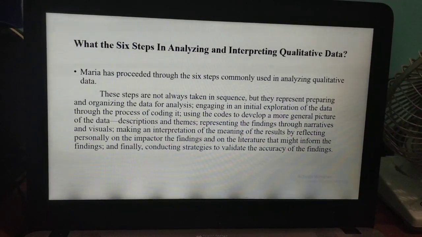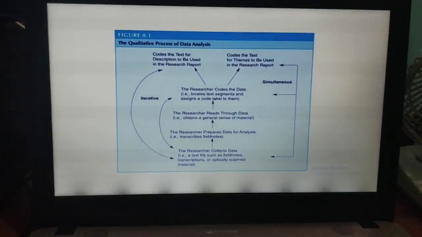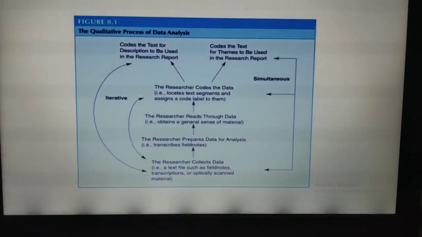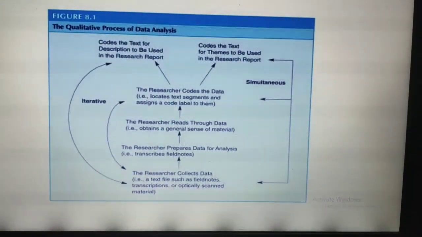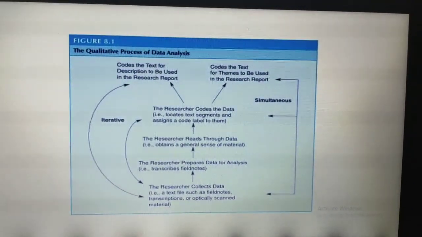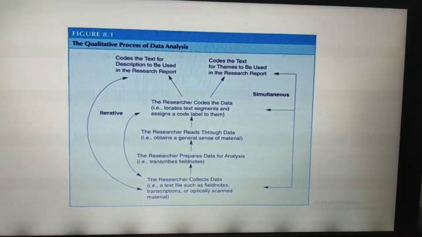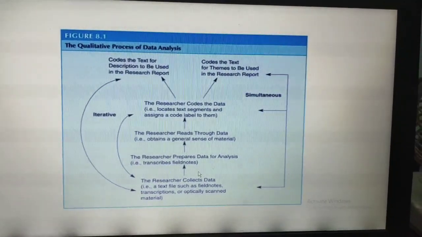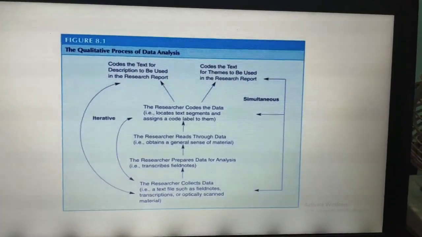engaging in an initial exploration of the data throughout the process of coding it. Let's look at the picture. You can see on this page Figure 8.1. You can visualize the first major step in this process by examining the bottom-up approach to analysis in Figure 8.1.